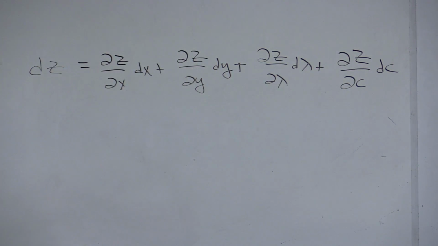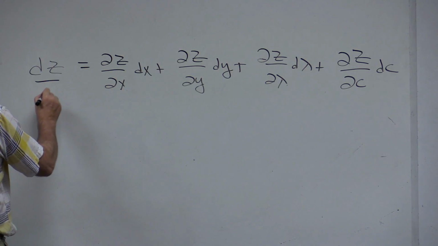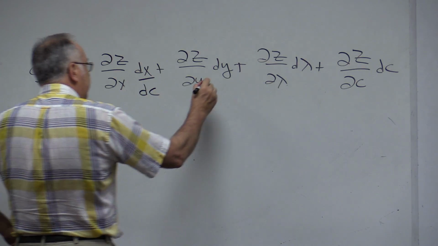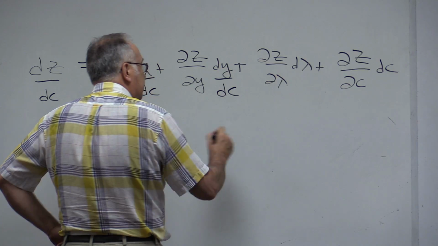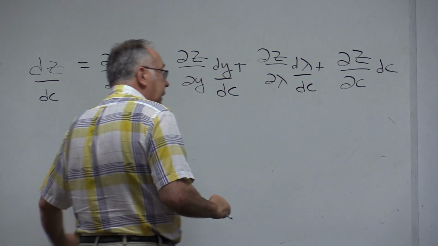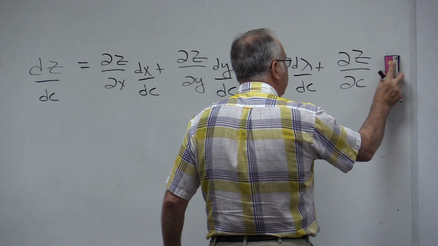Now, let's get the total derivative of Z with respect to C. Just divide both sides of this equation by dc. And then we get the following. And dc divided by dc is just 1.